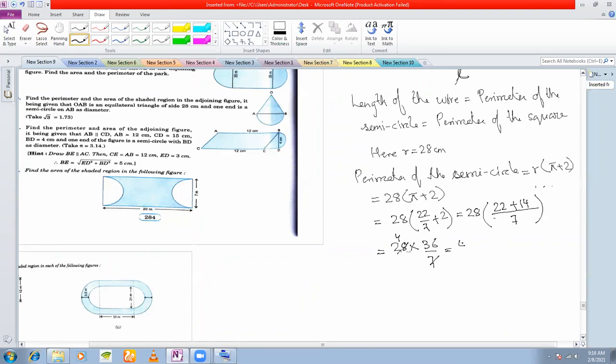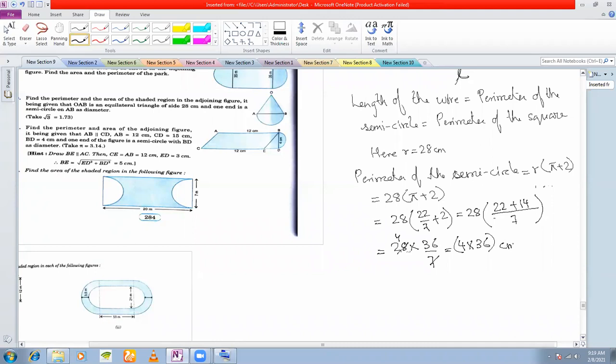You get 4 into 36. Leave it as it is. If you multiply, you can multiply, no problem. But I think without multiplying, it's going to be a little more convenient later. So I will not multiply. So I'm getting the perimeter of the semicircle as 4 into 36.